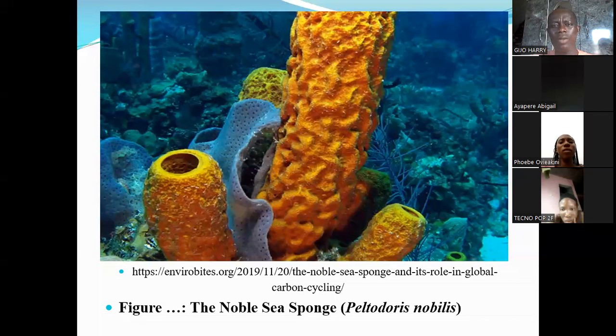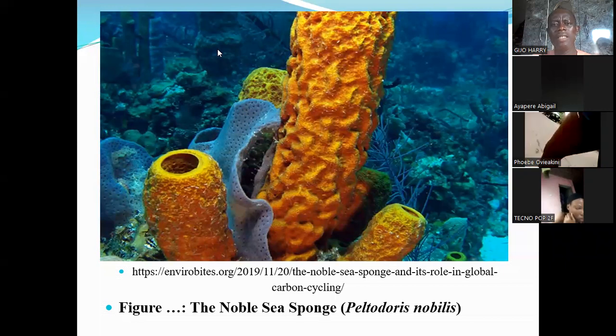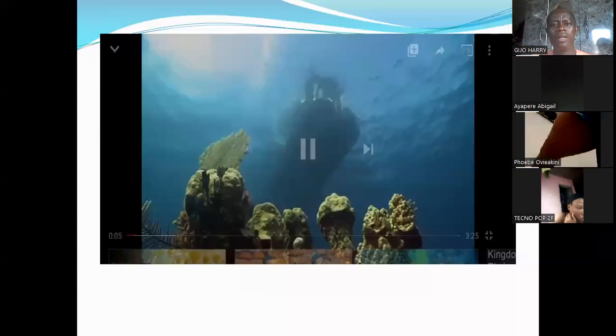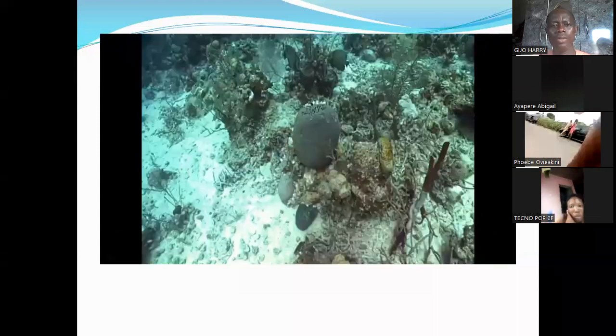That's why the phylum is referred to as the phylum Porifera, because members of this phylum have bodies that consist of a lot of pores.